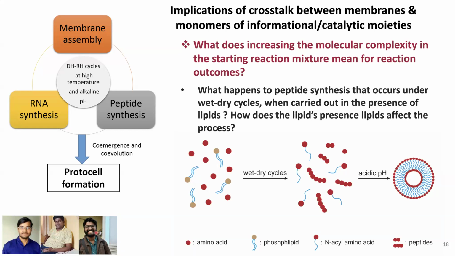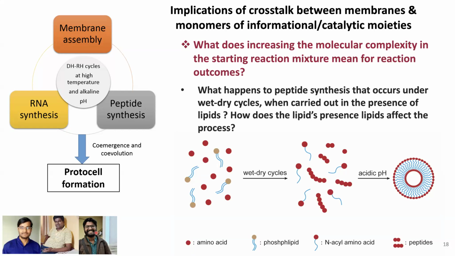In analog environment, when you have a complexity in the precursor molecular space, how does the crosstalk between the catalytic molecule, monomer, and the membrane-forming monomer, what kind of outcomes might come about in these conditions? And that is the gist of the slide.